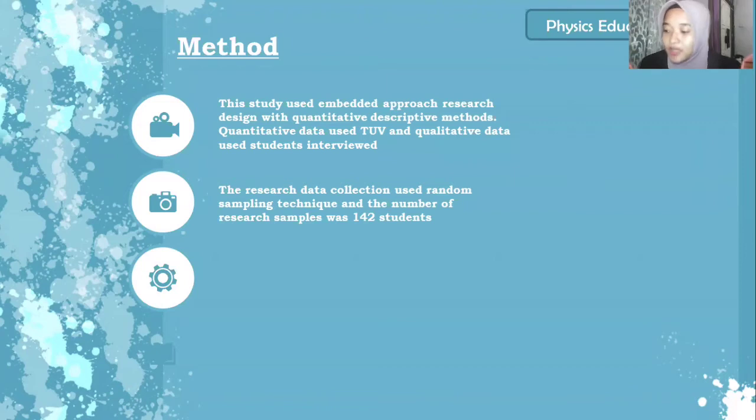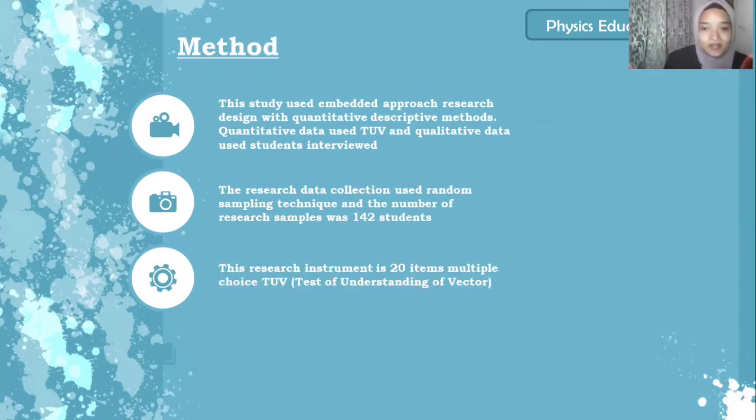The sample was selected with two criteria. The first is students who are in an accredited A school, and the second is students with an average age of 15 to 17 years old who have also studied vector concepts. The research instrument is a 20-item multiple choice test of understanding of vector.